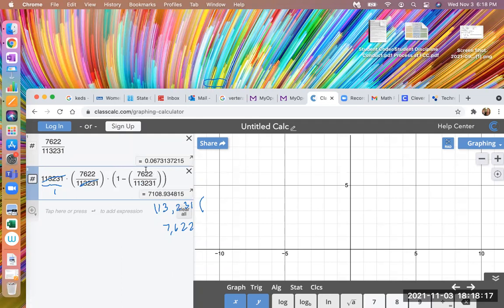So I put parentheses around the 7622 over 113231 so that it knows that's a fraction, and I'm subtracting that whole fraction from 1. So I don't want it to think that I'm doing 1 minus 7622 and take all that and divide by 113231. So it's important that I put these parentheses here.